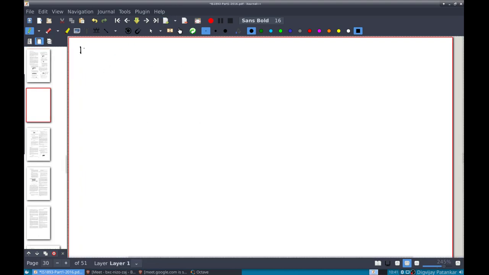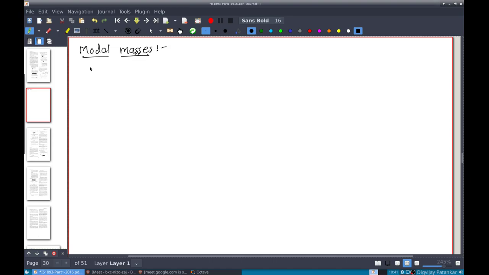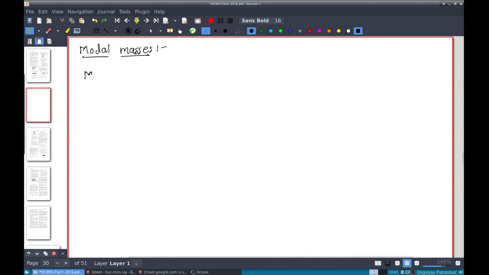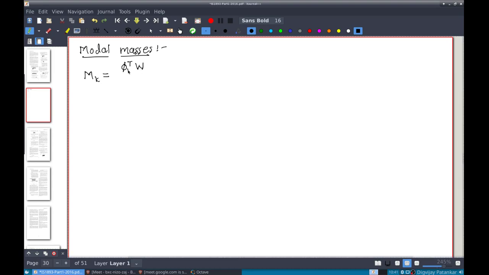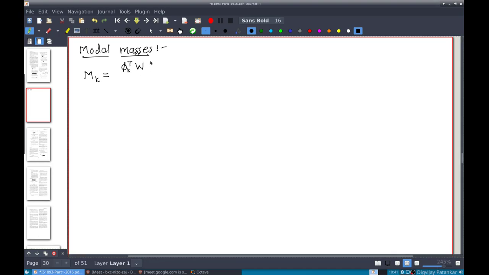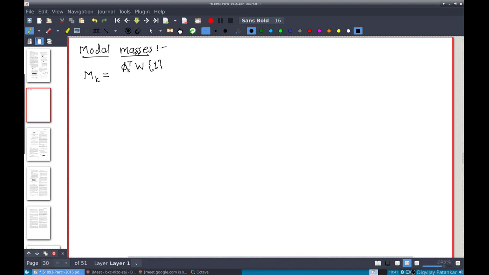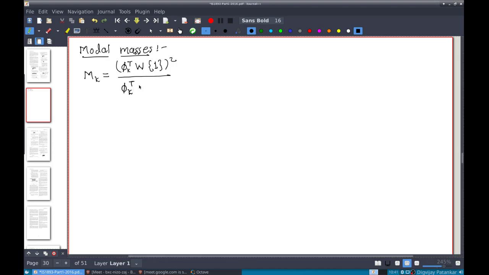So modal masses: Mk is equal to phi k transpose W 1, whole square, divided by phi k transpose g into phi k transpose W phi k.